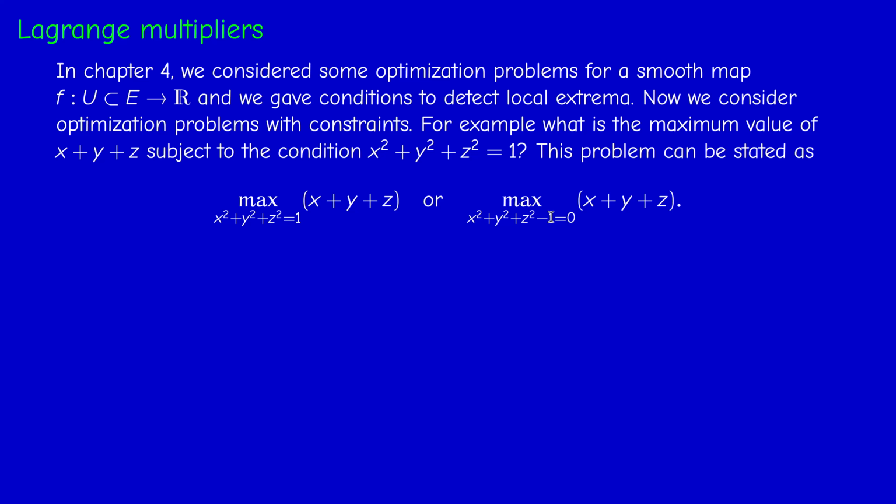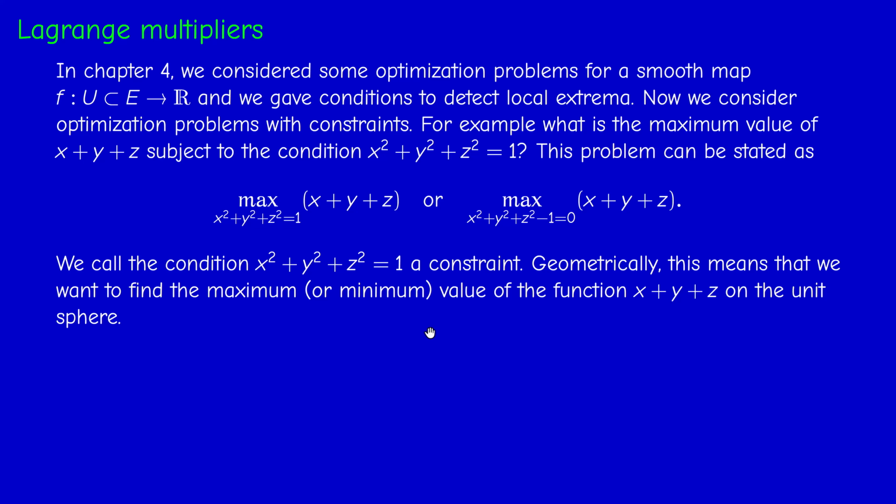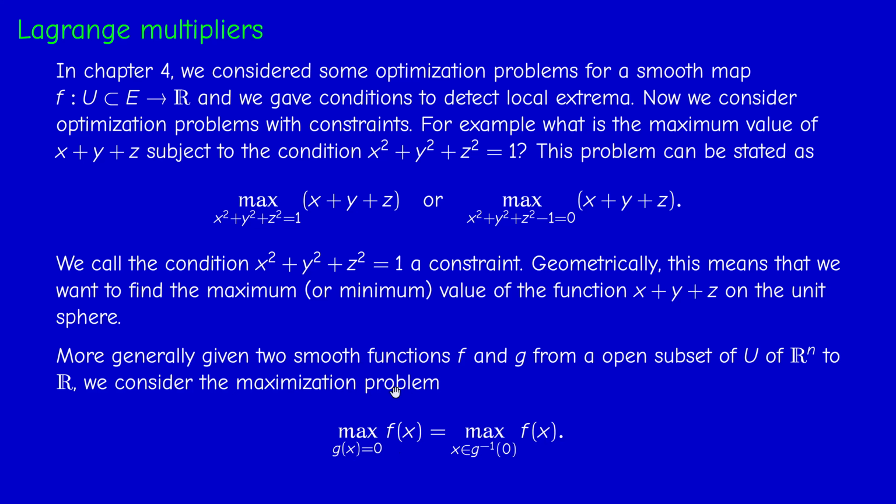Okay, so we write this in this way: max or min over this condition. So this is what we call a constraint, a smooth constraint. So in general, if you have two smooth functions f and g from an open subset Q of Rn to R, then the maximization problem may be written as the maximum of f over x subject to the constraint g of x equals 0, or x belongs to g minus 1 of 0.